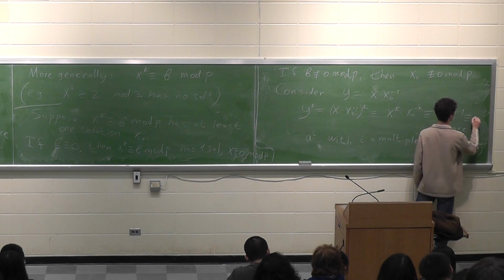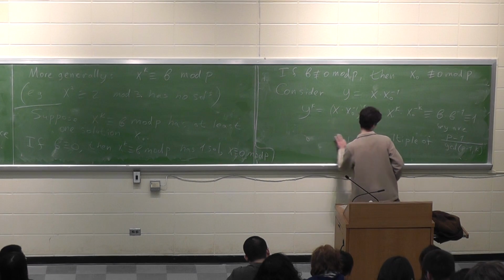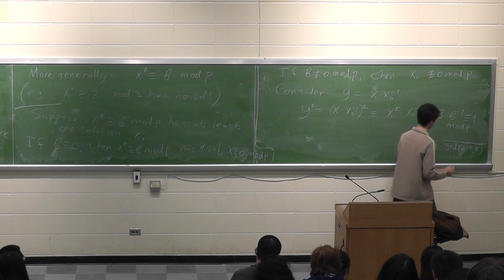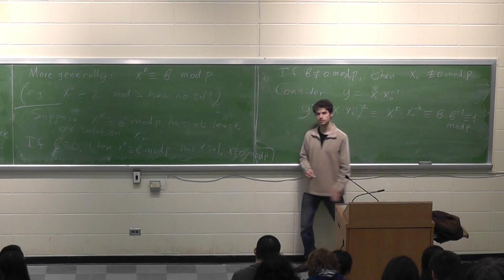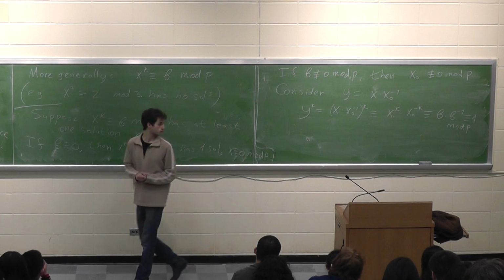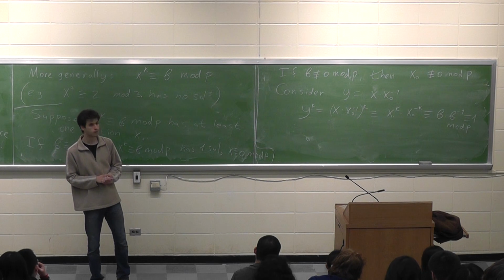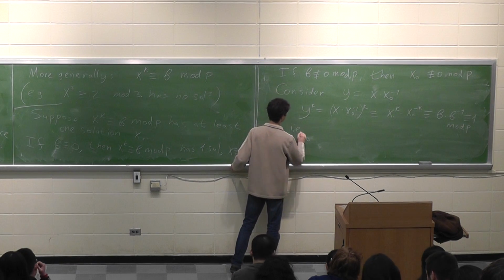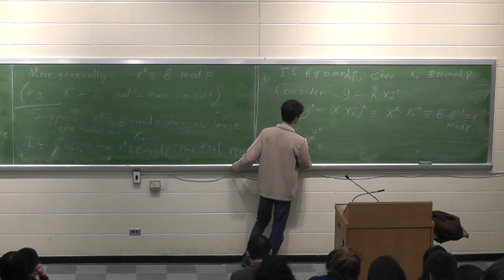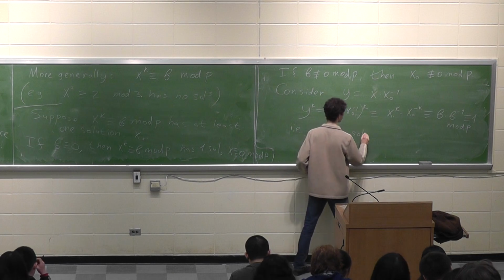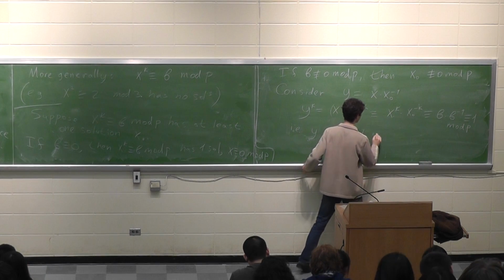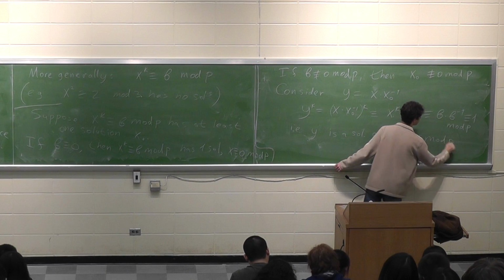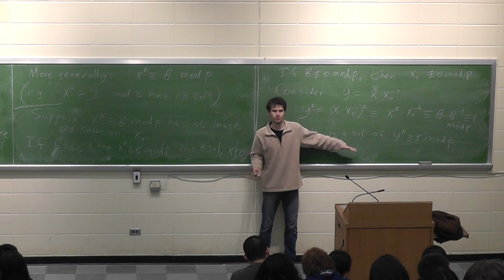So it is 1. I.e., y is a solution of y to the power k is equal to 1 modulo p. But we already know what to do with this equation.